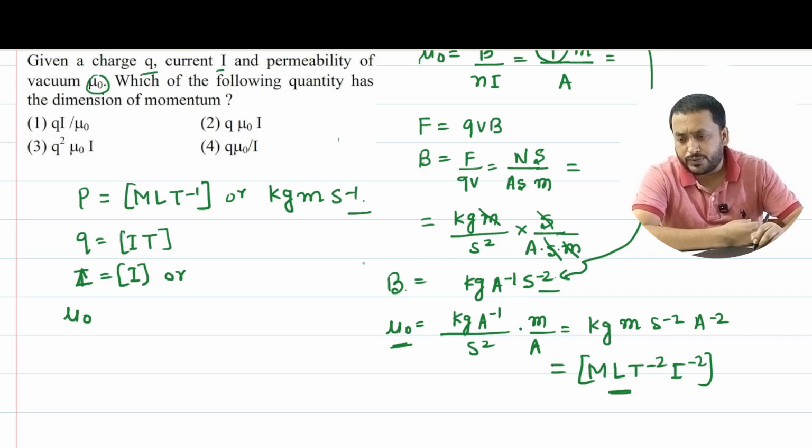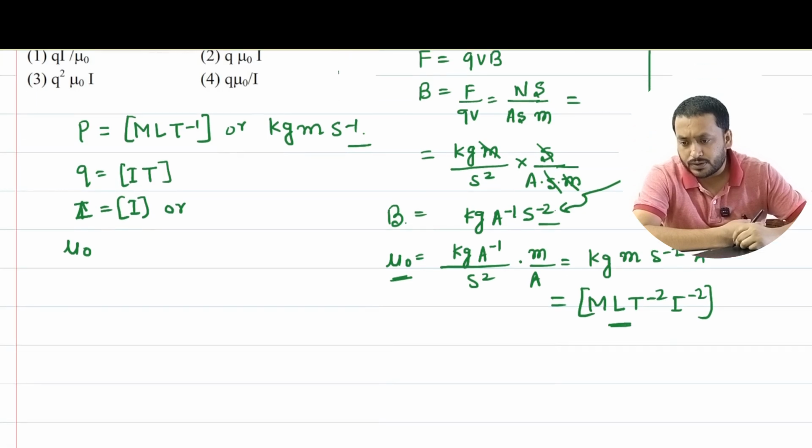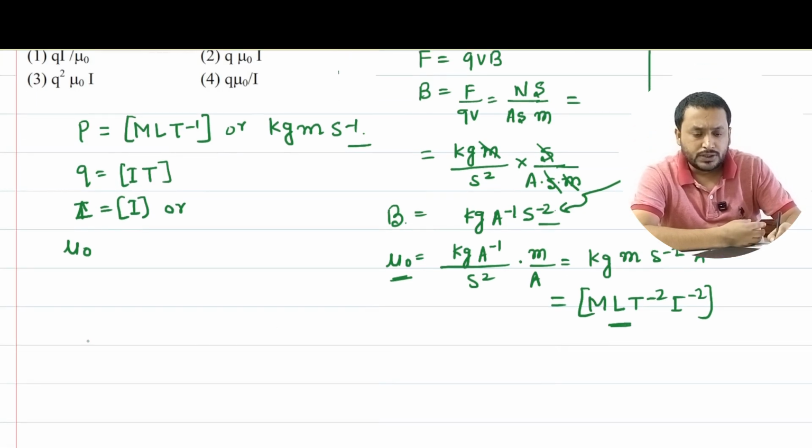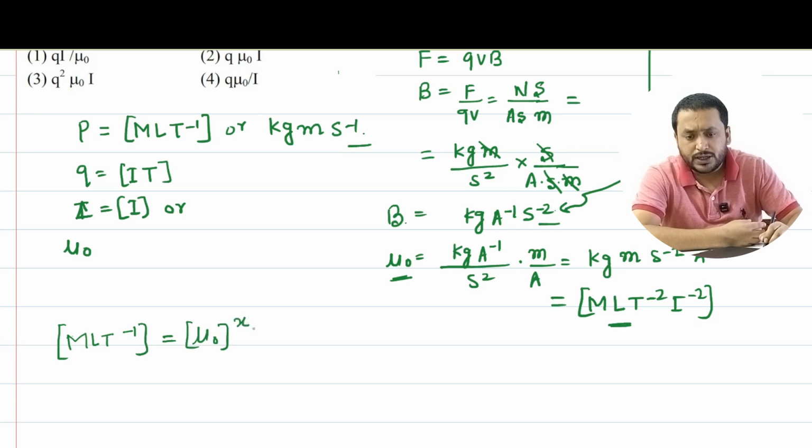So again we will go through this dimensional analysis. We know that the dimension of momentum is m l t minus 1. It should be the same as the dimension of, let's say, mu naught to the power x, q to the power y, or I to the power z.